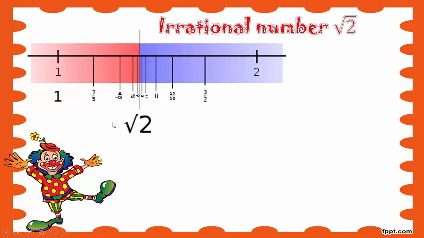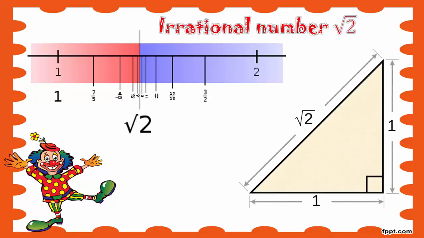So the square root of 2, we can say falls somewhere around here on the number line, but it's really hard to put it exactly on a number line, but this is about where the square root of 2 is. Now, the way we would derive the square root of 2 is by using the Pythagorean theorem.